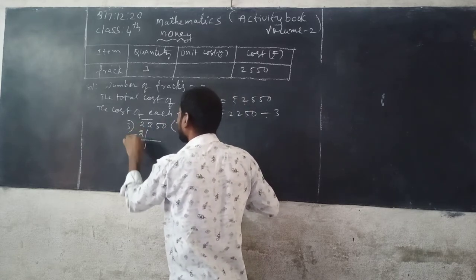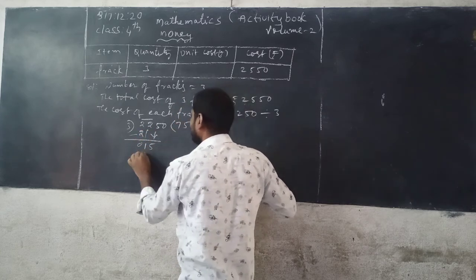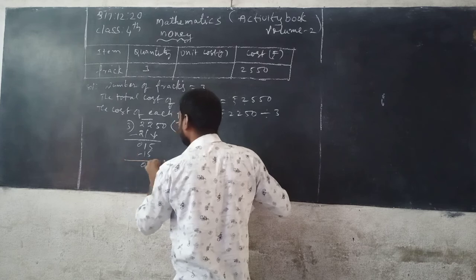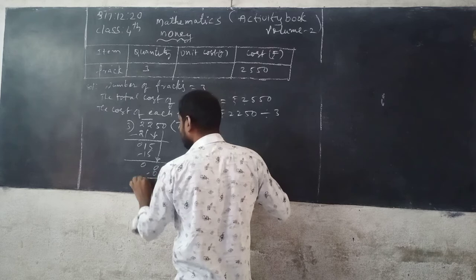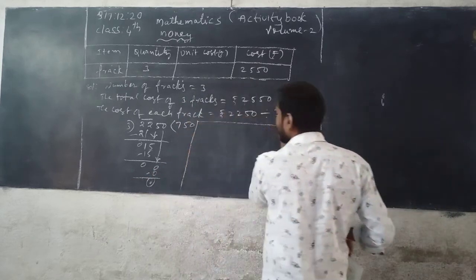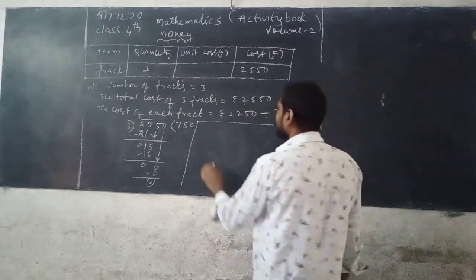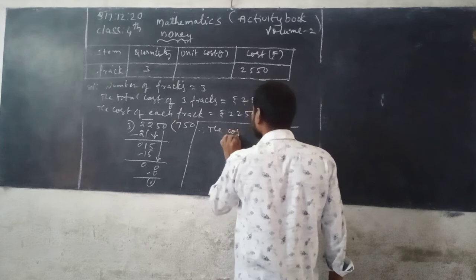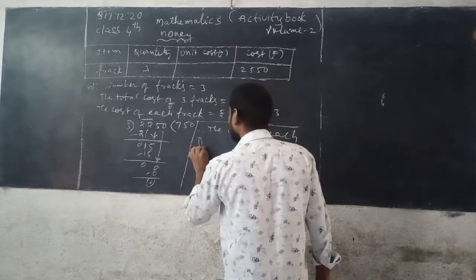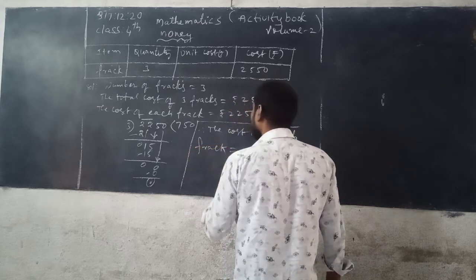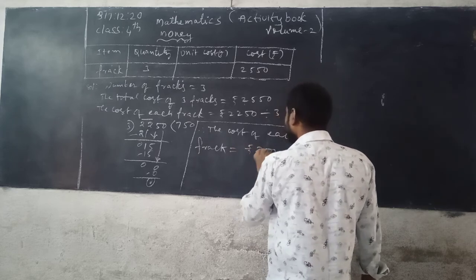See here, 2 minus 1, 1. 2 minus 2, 0. 5, bring down to the remainder. 3 5s are 15. 15 minus 15, 0. Now bring down 0 to the remainder again. So 3 zeros are 0. That's it. So you can write after this: therefore, the cost of each frag is equal to 750 rupees.